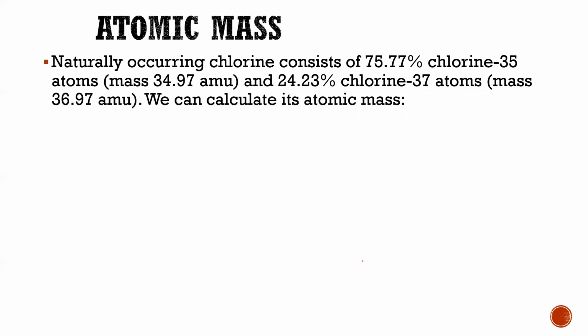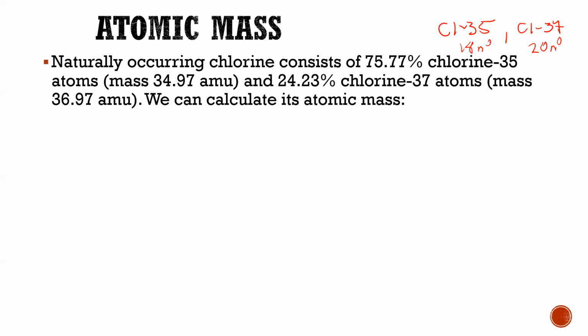So naturally occurring chlorine we talked about earlier had 2 isotopes. It had chlorine 35, and we saw that it had chlorine 37. Why was that? Well, chlorine 35 had 18 neutrons, and chlorine 37 had 20 neutrons. They're both chlorine because they both had 17 protons.